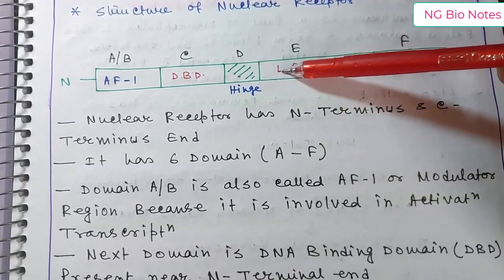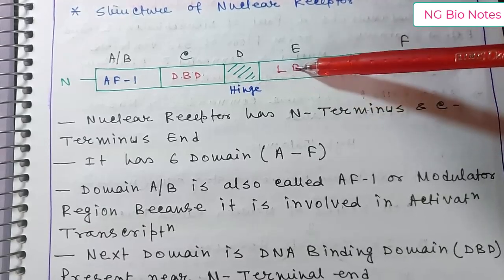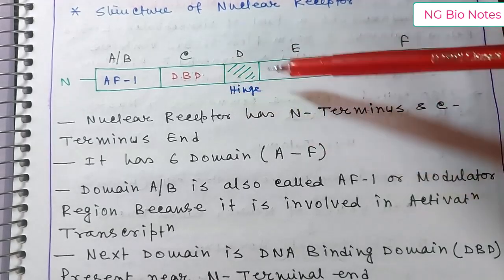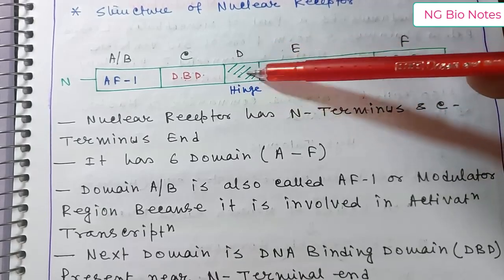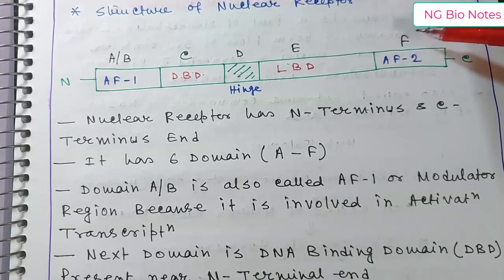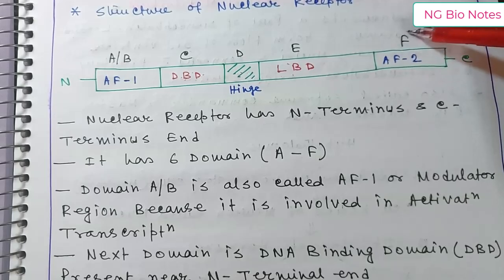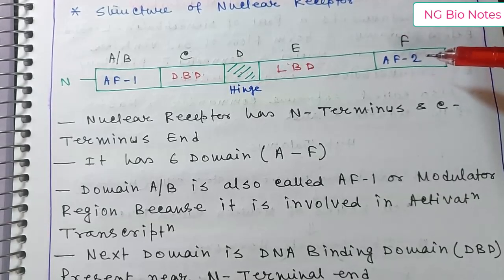The next domain is LBD domain, that means the ligand binding domain. So hormone can bind with this domain, and this domain is attached with the DBD domain by D region, which is also called hinge region. And there is another transcription activator region, which is known as AF2, and this is called F region. So F region is also known as AF2 domain.